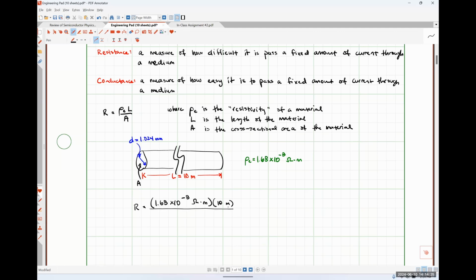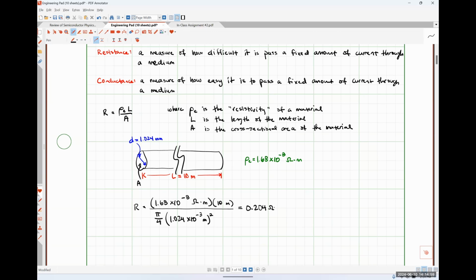So whenever we have a diameter, it's going to look like pi times the diameter squared over 4. So that's going to be pi over 4 times our diameter, which is 1.024 times 10 to the minus 3 meters squared. And if we put this in our calculator, I believe we will get a result of 0.204 ohms.